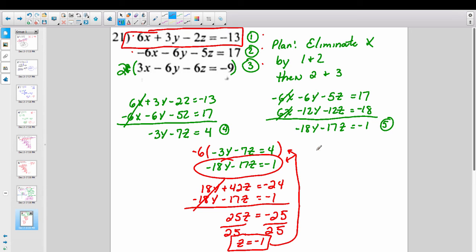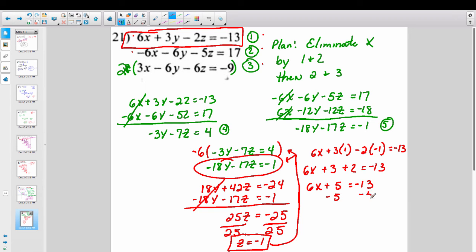So let's plug it in. 6x plus 3 times 1, because now we know what y equals, minus 2 times negative 1, because we know what z equals, equals negative 13. 6x plus 3 plus 2 equals negative 13. 6x plus 5 equals negative 13.